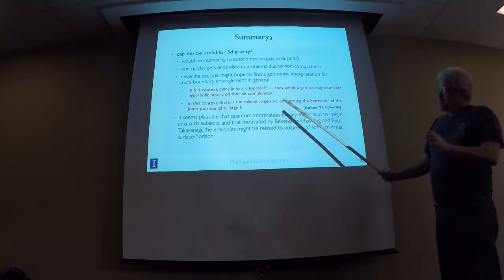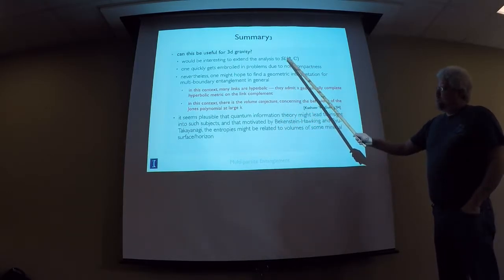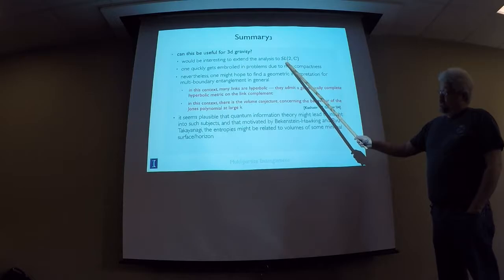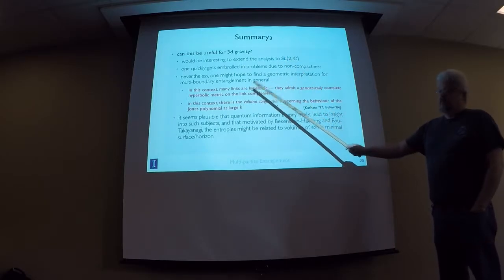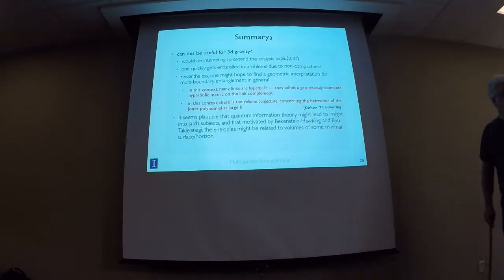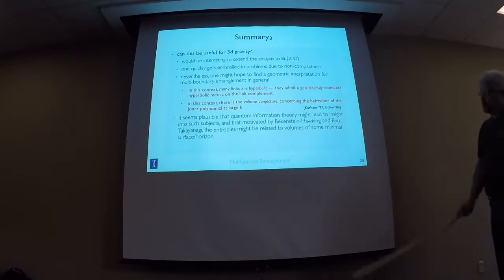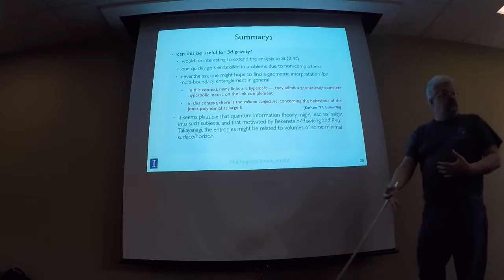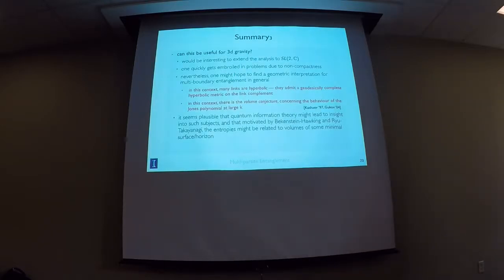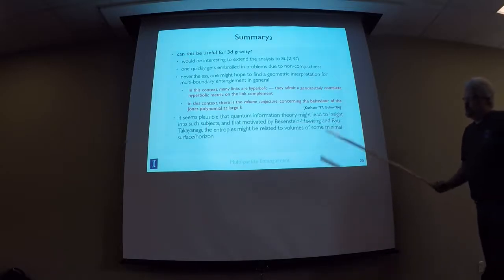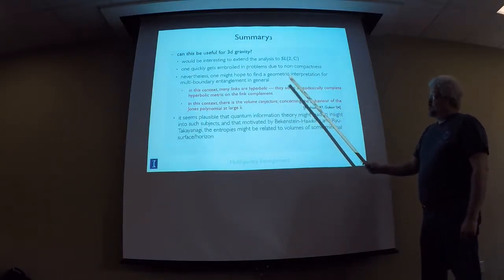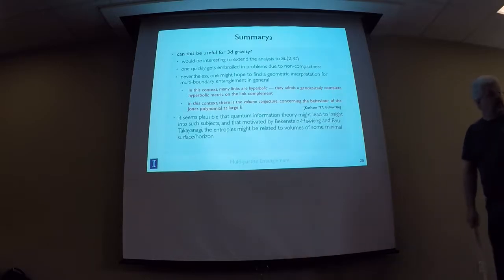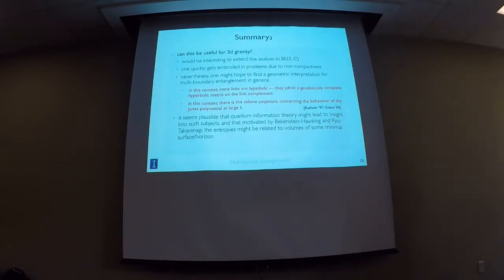Okay, and I mentioned the volume conjecture. What happens in this case is that in the case of SL2C, many link states are hyperbolic. What that means is that in the translation from the Chern-Simons variables into metric or gravitational variables, these ones admit a hyperbolic metric on the link complement.